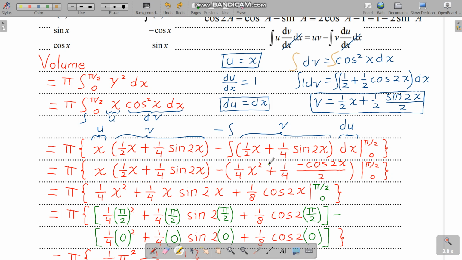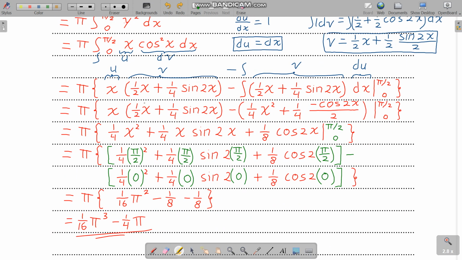From here we need to integrate one more time. The integral of 1/2 x is 1/4 x squared using the usual integration rule, and the integral of sine is minus cos using this formula. So we have minus cos, again divided by 2 because of the chain rule, the derivative of 2x. Now we simplify.